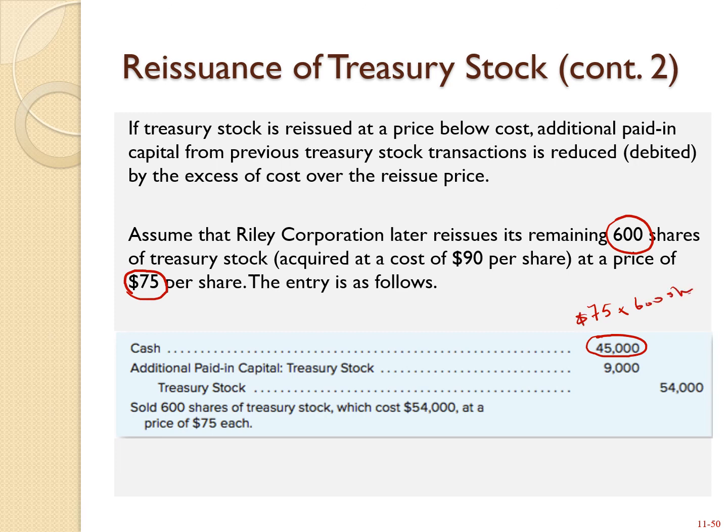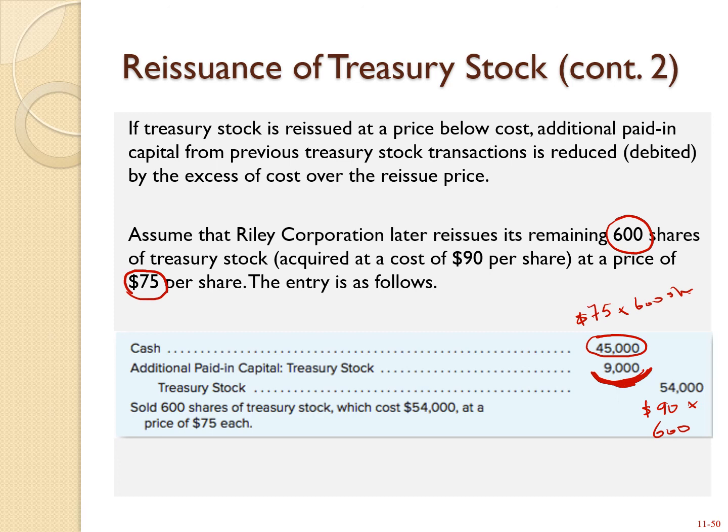Your treasury stock will decline by 54,000, which is the 90, the initial cost, multiplied by the 600 shares. The difference is a reduction in APIC, or additional paid-in capital. When you debit, this is the first time we debit APIC, because this is the first time we make a loss. So you debit APIC by 9,000.